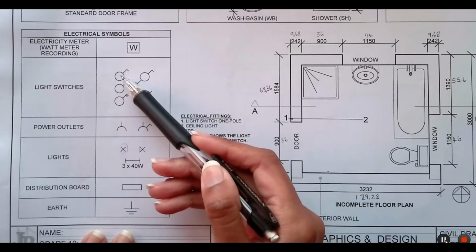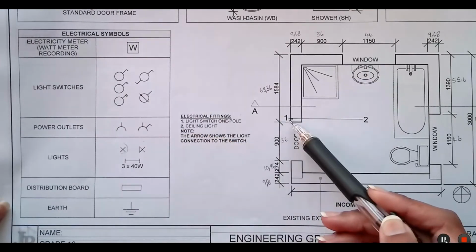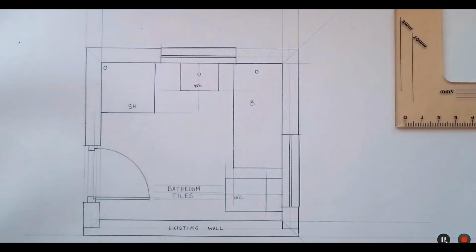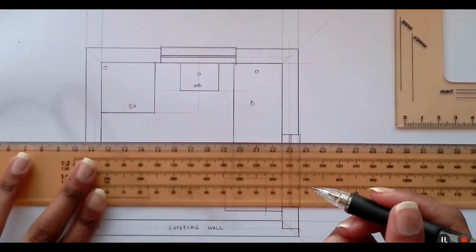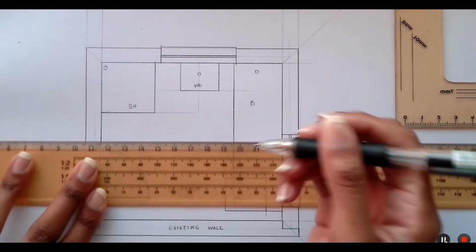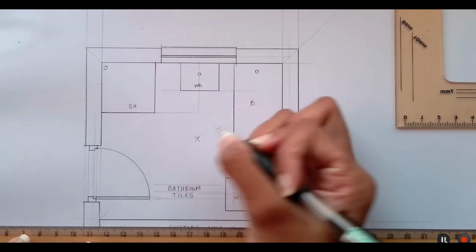And then for the switch, we are told that we only have 1 pole. So we will be using this. So we'll be drawing this where 1 is and then this where 2 is. So you want to try drawing them in line with one another, also sort of in the middle.